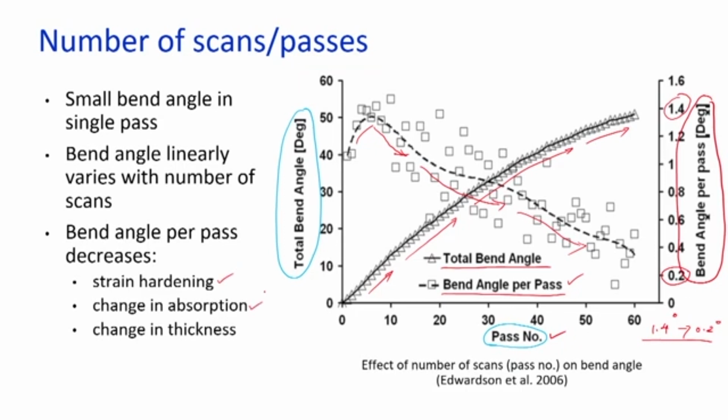As the surface quality changes, a little bit of melting will also occur, and melting and redeposition will lead to some reflection, so the absorption will also reduce. There is also a change in thickness, so more volume is there for heat conduction, and due to more volume for heat conduction, there is less deformation for the same heat power, the same heat flux density, that we are applying.